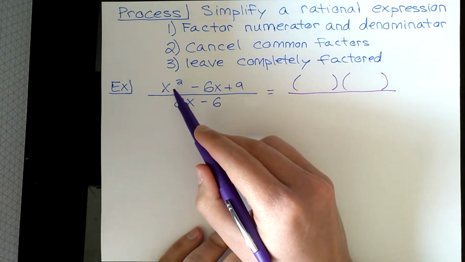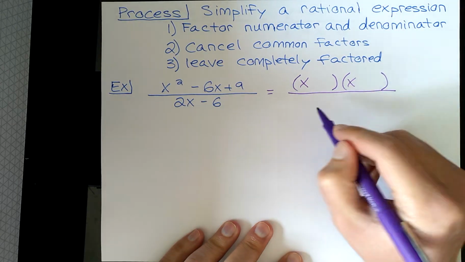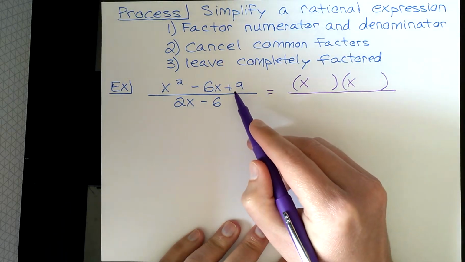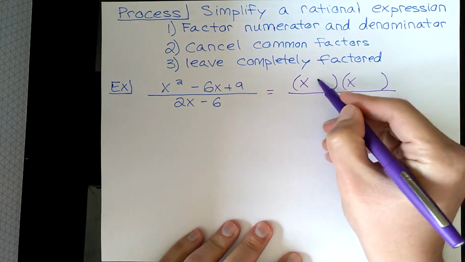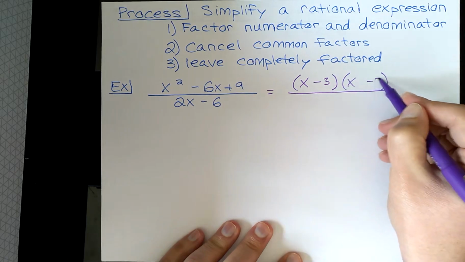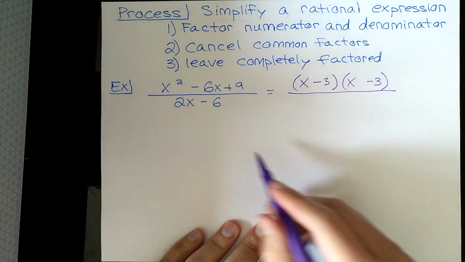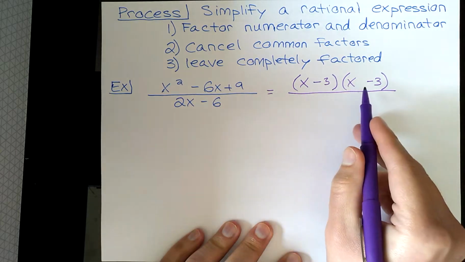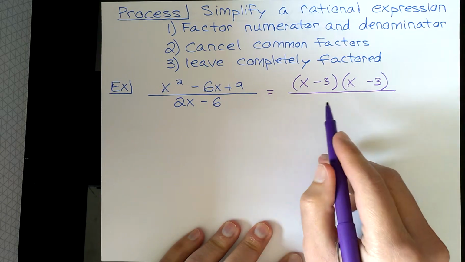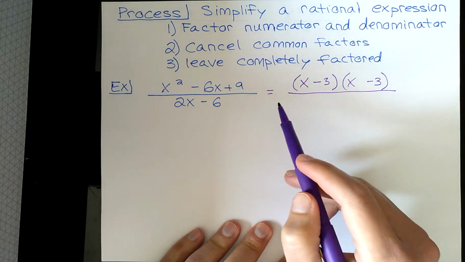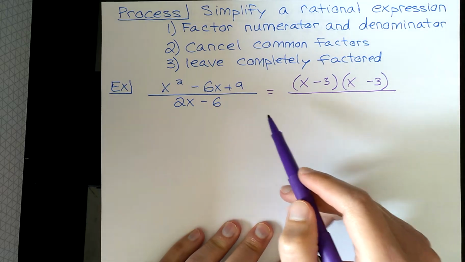We need two numbers that'll multiply to give us x squared. Well, that's just x and x. And we need two numbers that multiply to give us 9 and add up to give us negative 6. We could use negative 3 and negative 3. And that's completely factored. You could use a quick check to prove that, but the check is only required when the problems are purely about factoring. This is just an intermediate step.